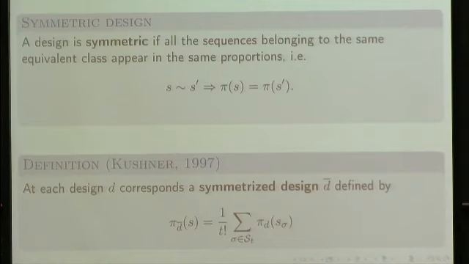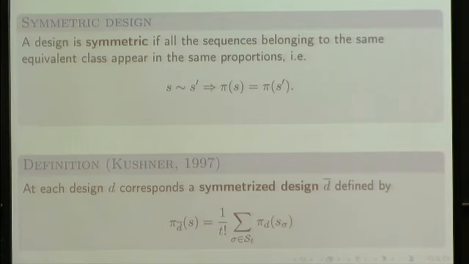And we say that a design is symmetric if all the sequences that belong to the same equivalence class have the same proportion in the design. Kushner, in 1997, also introduced the notion of a symmetrized design.